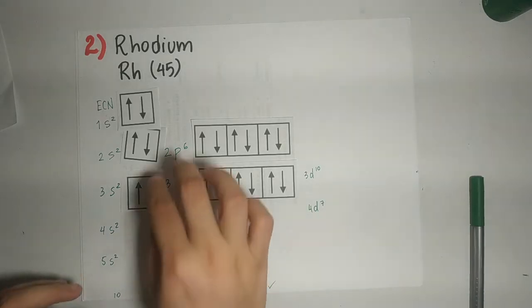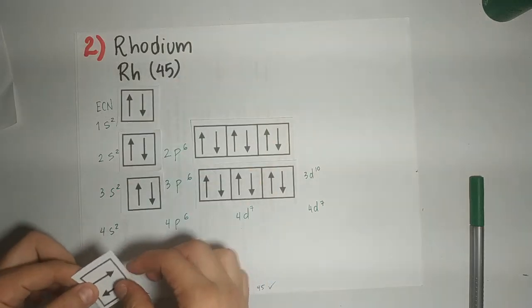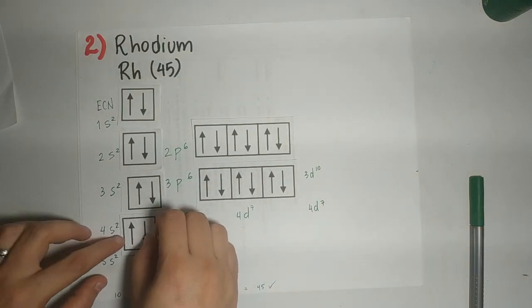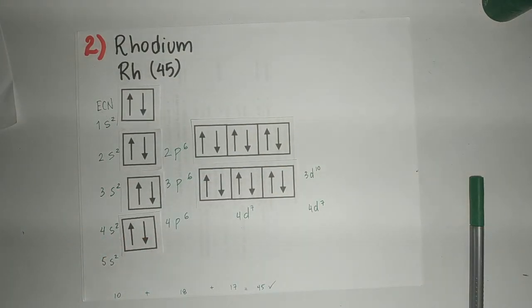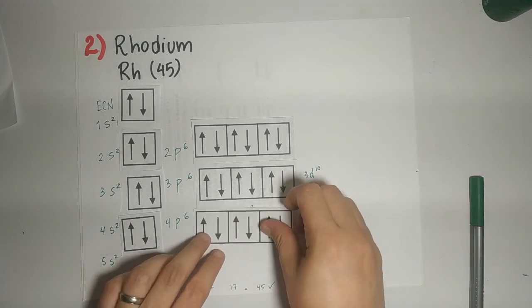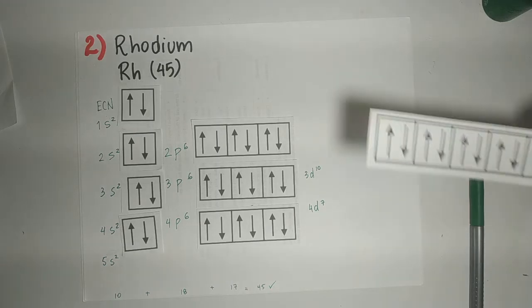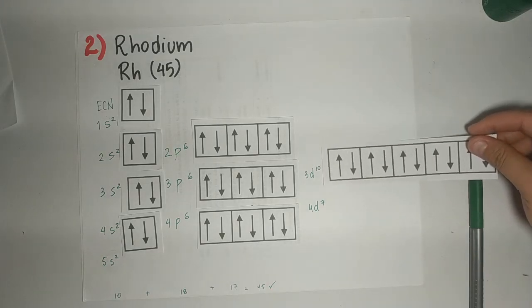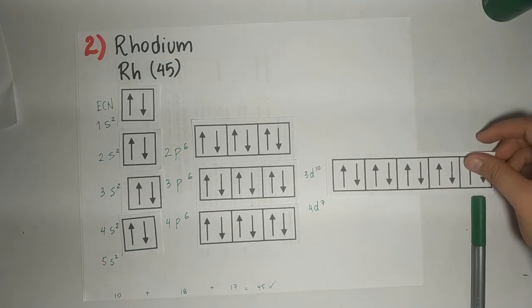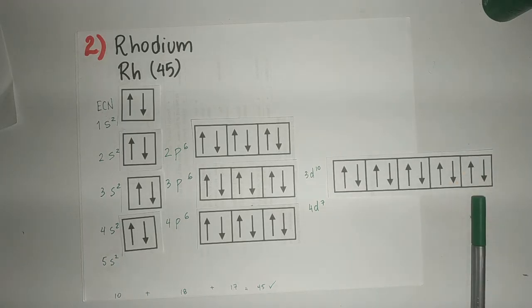I have s2 again right here. I have p6 full right here, but I have 3d10 over there. I need 10 boxes in the third period, and in 4d7.